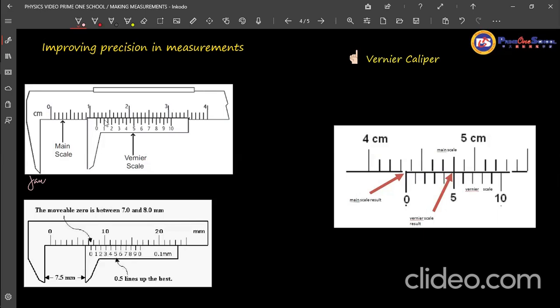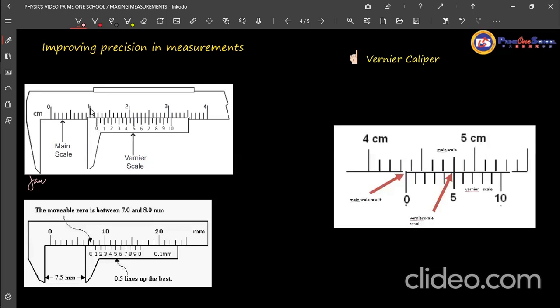Please be careful. Look at this. The main scale is in centimeter. You can see that the main scale shows 1.1 centimeter because the zero of the Vernier scale is over here.